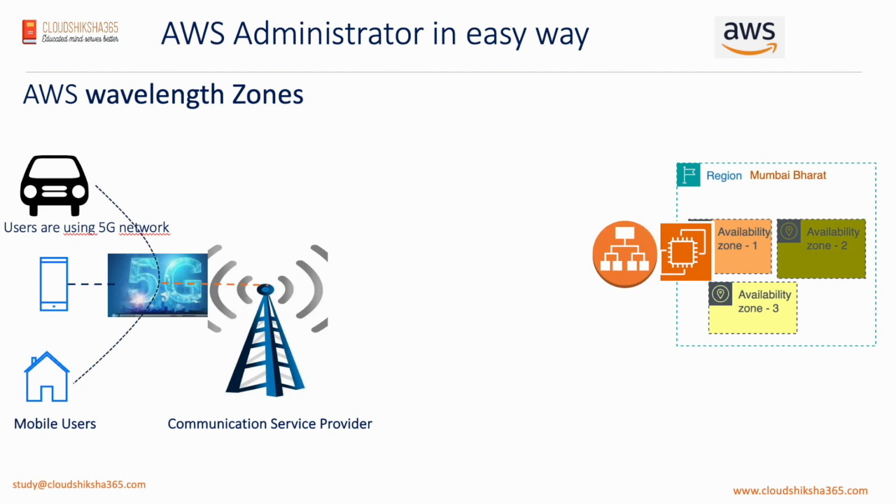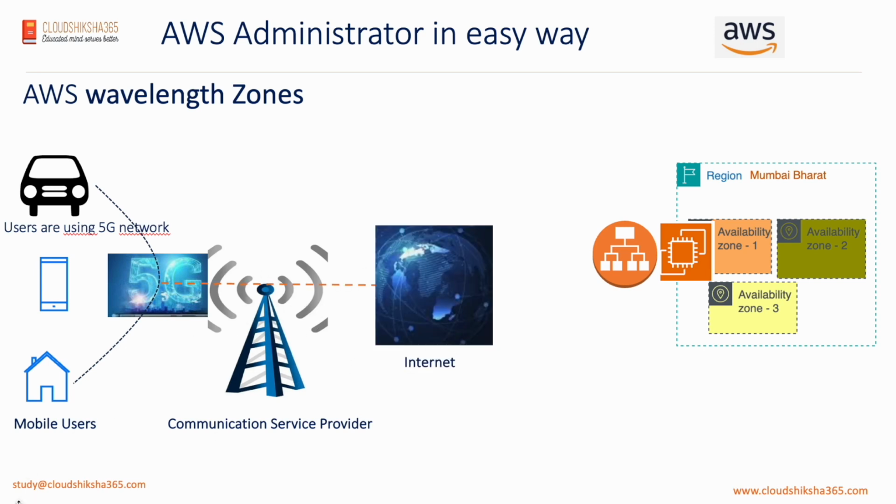I will go back to our previous diagram. All these mobile devices connect using 5G to the communication service provider towers, and then this tower is further connected to the internet, and then this internet connection takes the request to the actual data center where your application is running. This is the actual flow. Let's say you open one of the applications, then that application will have this complete flow.